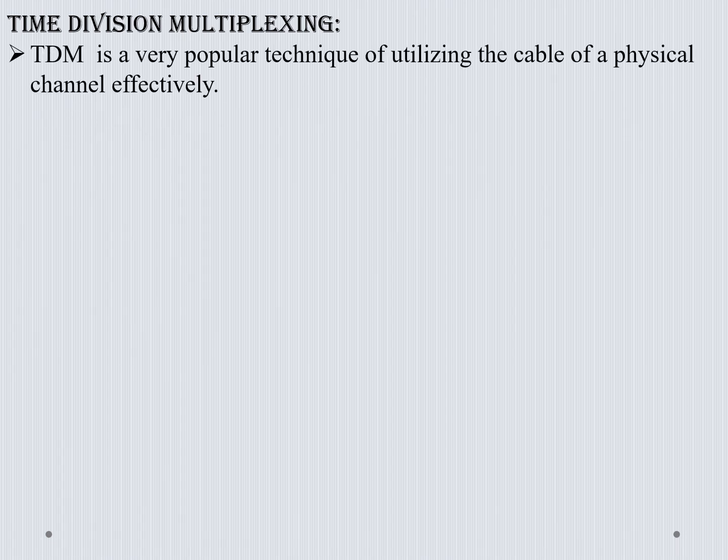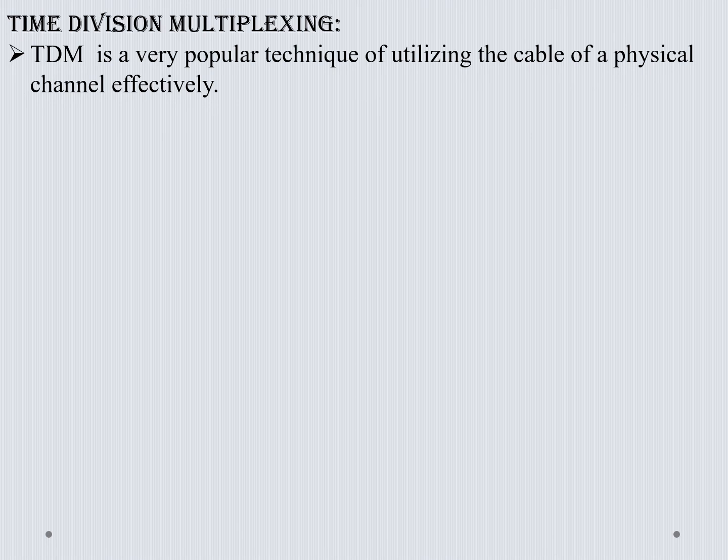Here we have a multiplexer and a demultiplexer. The multiplexer combines, at the transmitting end, the signals from many computers into a single one, and at the receiving end, the demultiplexer converts the one signal into many, and then gives it to the receiving station.